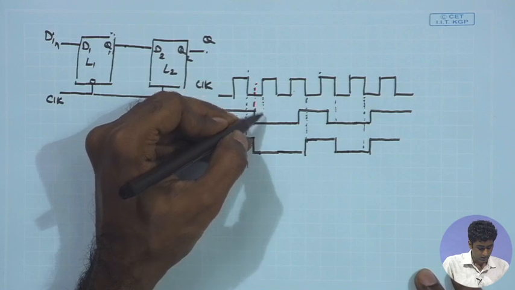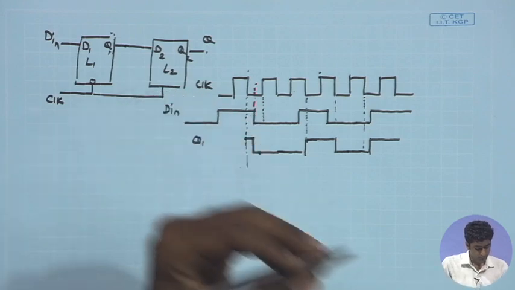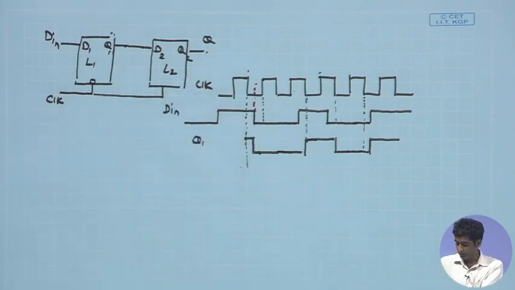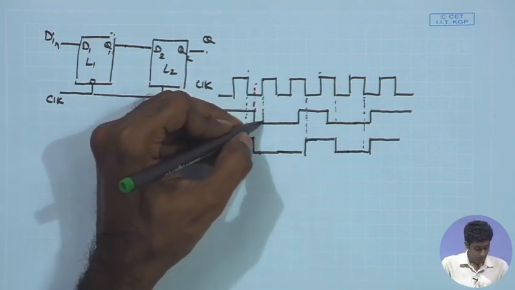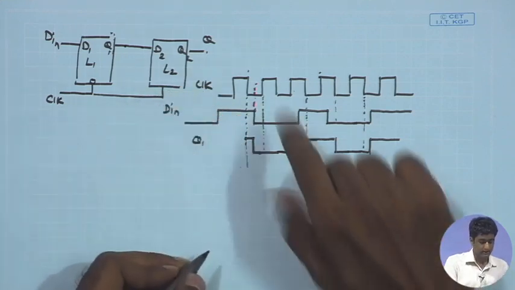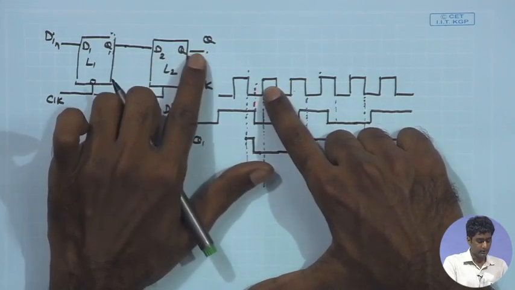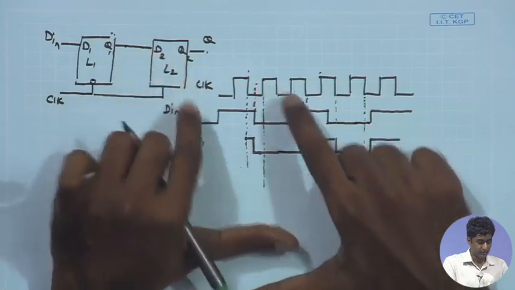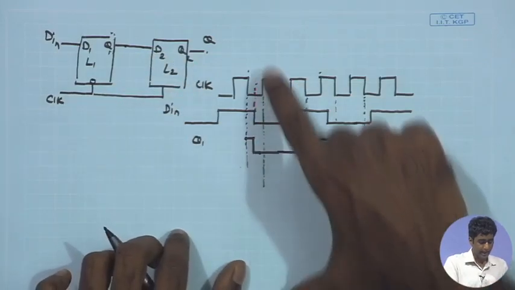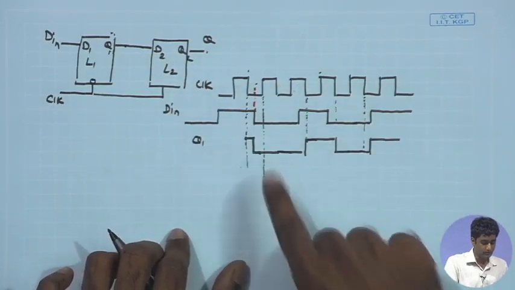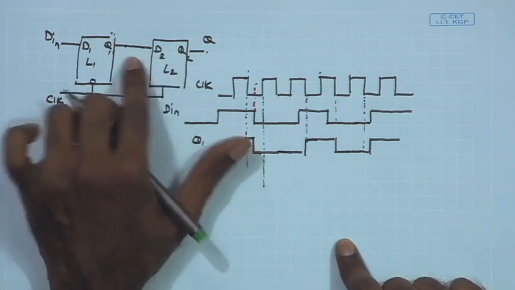So, the data is going high, the clock is going high at this particular location, if you see, and therefore, the Q2 is going to be transparent in this period, and during this period we can say that the Q1 is low, or the input to the L2 is low.